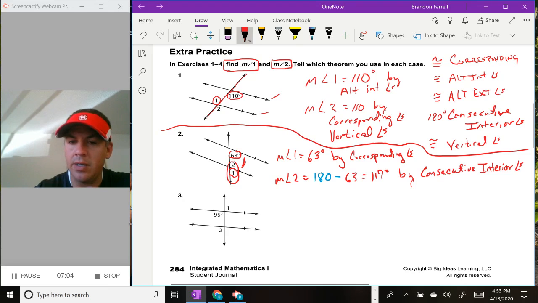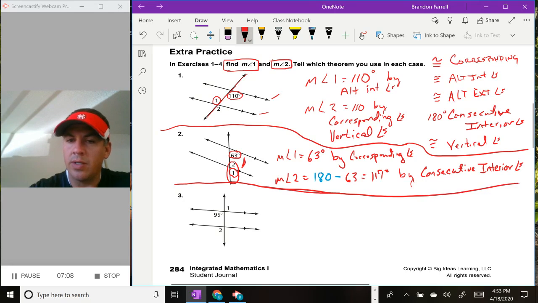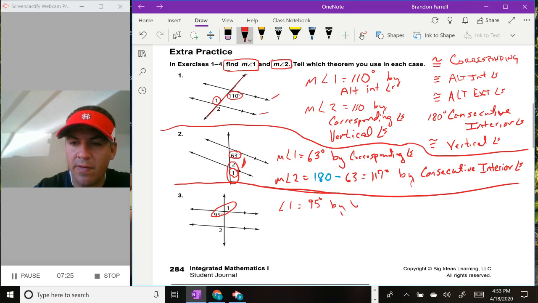That's number 2, and then we're going to go to number 3. In number 3, angle 1 is going to be a vertical relationship with 95 degrees. So we're going to call that 95 degrees by vertical angles.